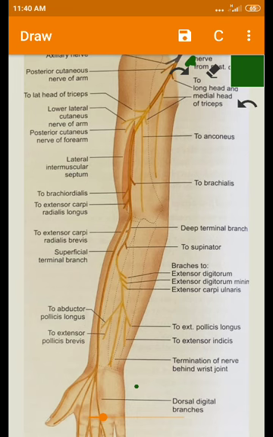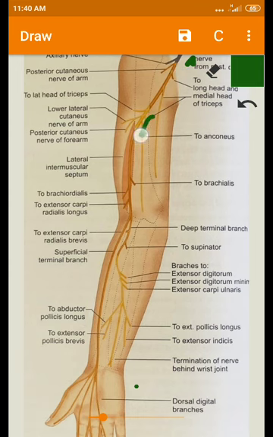Okay. So here the radial nerve leaves the upper part of the arm by passing between the long and medial heads of the triceps along with the profunda brachii artery to enter into the spiral groove in the posterior compartment of the arm.